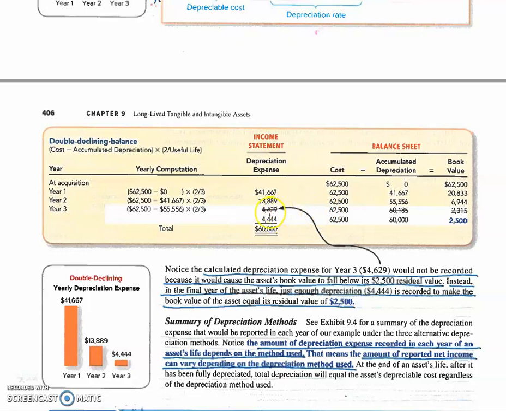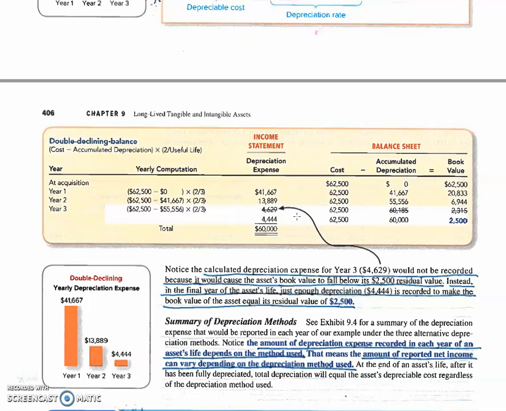We don't want that to happen. So in those later years, when we get close to the end of the depreciable life, we have to pay attention and make sure we don't record too much depreciation to get net book value below residual value. Okay, we stop depreciating it when we get down to net book value equals residual value.